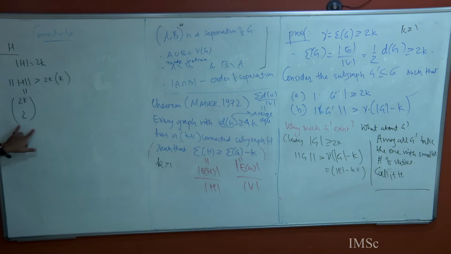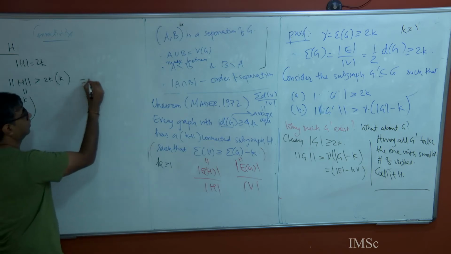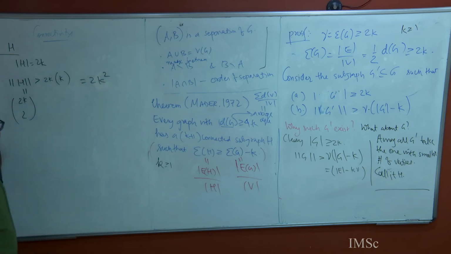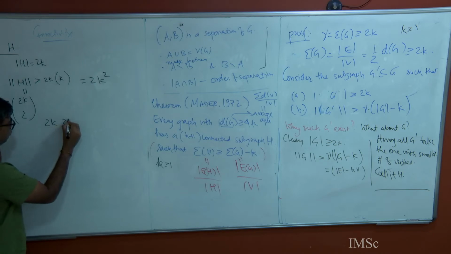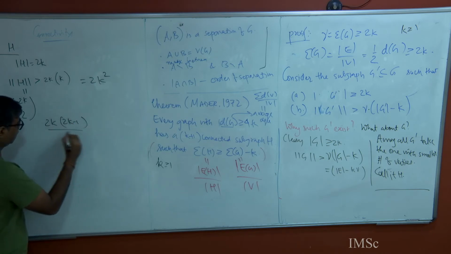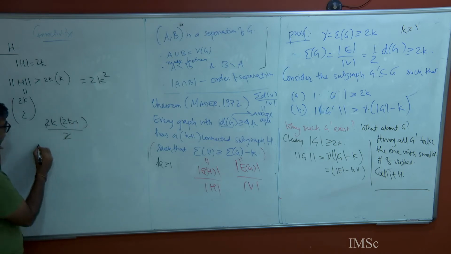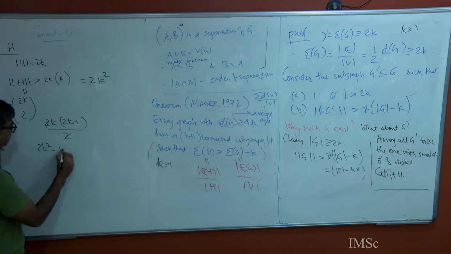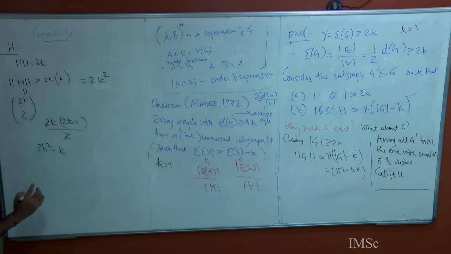And we ask, is 2k choose 2 greater than 2k squared? Is it true? No, right? Because this is 2k times 2k minus 1 divided by 2, which is like 2k squared minus k, and this is less than 2k squared. So I look at the smallest guy, but how small is the smallest guy? It is definitely not equal to 2k.